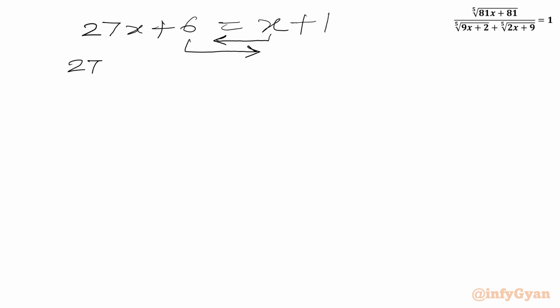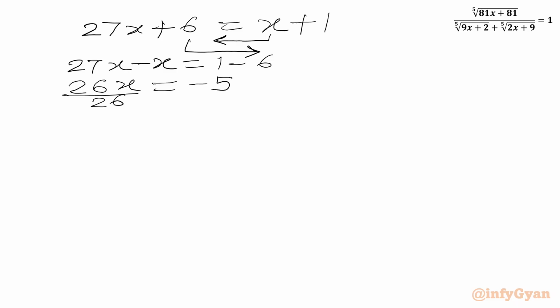So I can write 27x minus x equal to 1 minus 6. 26x will be equal to negative 5. Now we only have to divide by 26 on both sides. We are going to get our first real solution. So x will become negative 5 over 26.